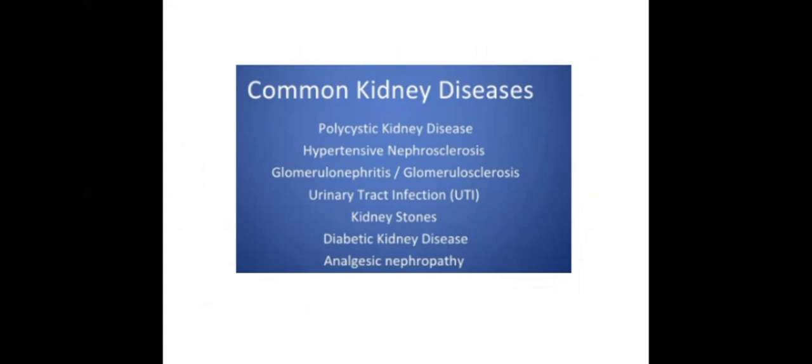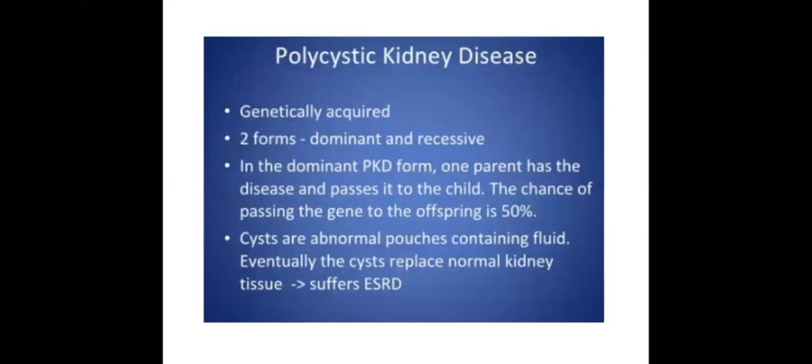Generally, UTI is a common disease of the urinary tract, but when the infection reaches up to the nephrons, the kidneys, it is considered under urinary tract infection. Then diabetic kidney disease is one of the common kidney diseases, and analgesic nephropathy is also one of the kidney diseases.